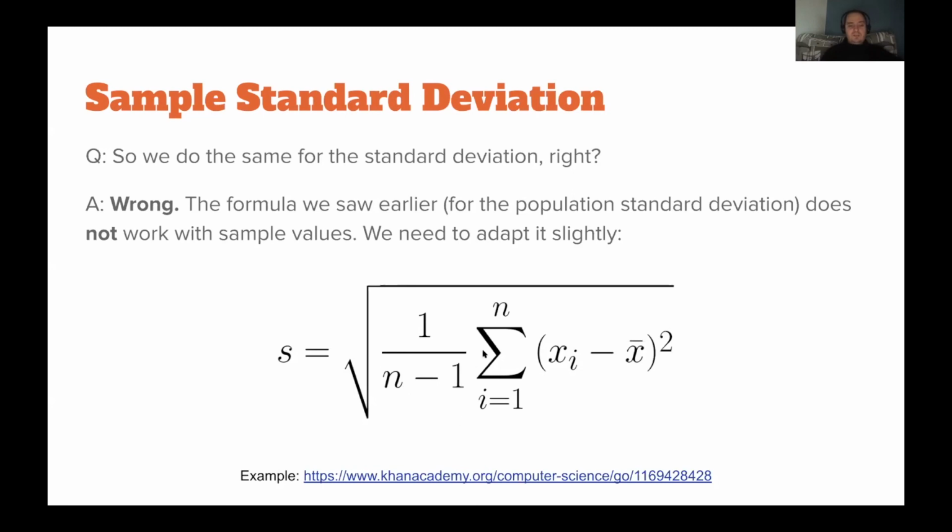It's a much better estimate of the population standard deviation than the other one, when you divide by n. And again, we're going to go into details about exactly why this is so, but there is a simulation on Khan Academy that compares the two of them, and you can see that this one is much better.